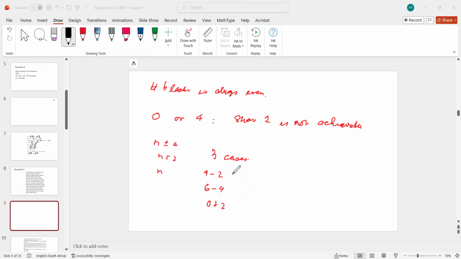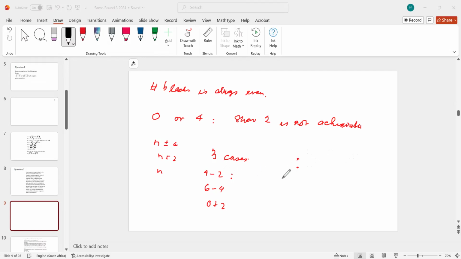Right. In this case here, your original one was 4, and you can never get exactly 2. You can try out different configurations, exactly 2 blacks.